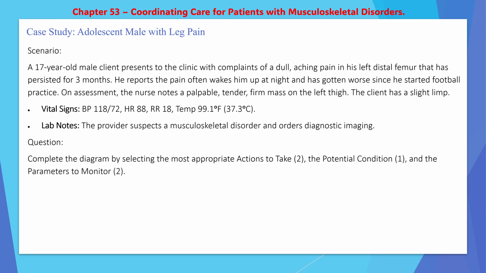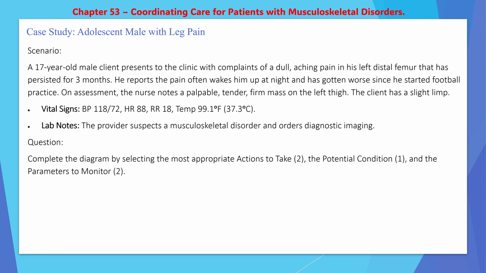He reports the pain often wakes him up at night and has gotten worse since he started football practice. On assessment, the nurse notes a palpable, tender, firm mass on the left thigh. The client has a slight limp.